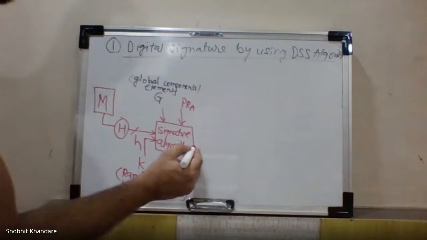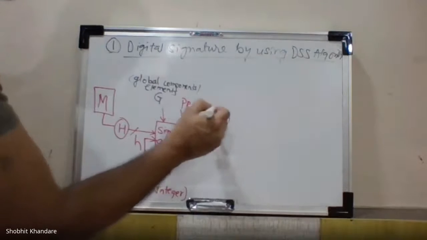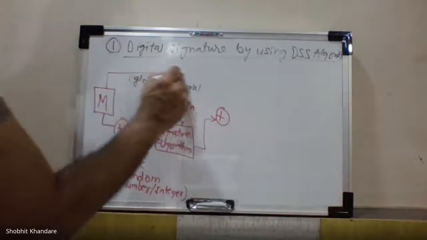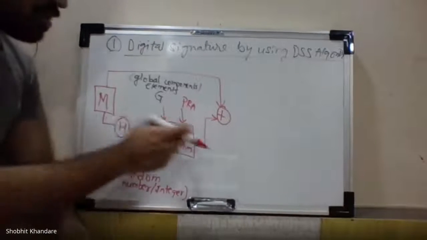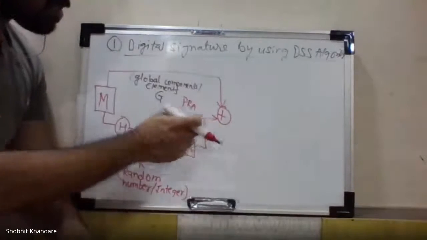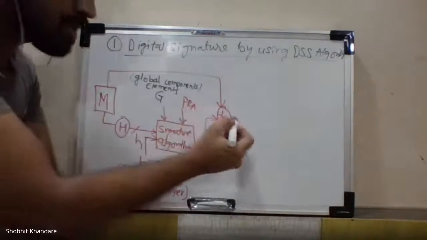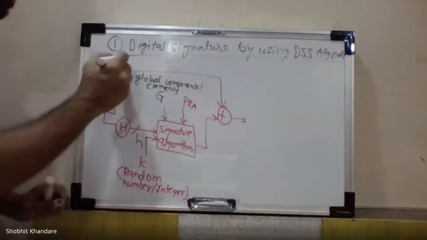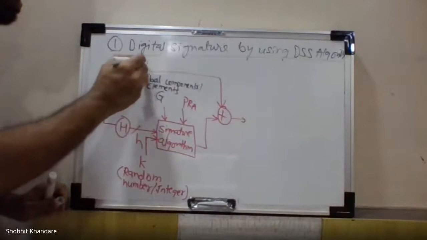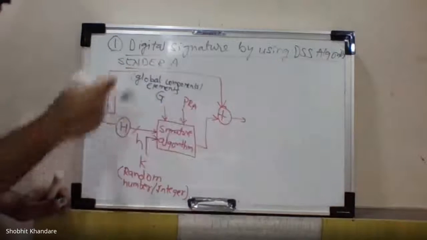Now whatever the output is, this is appended with the plain text message. Now this is happening on the sender side. So I am writing down here sender A. This is happening at the sender A side.